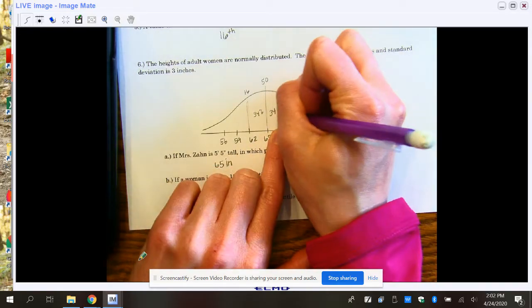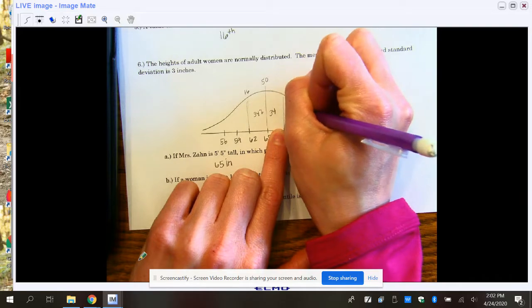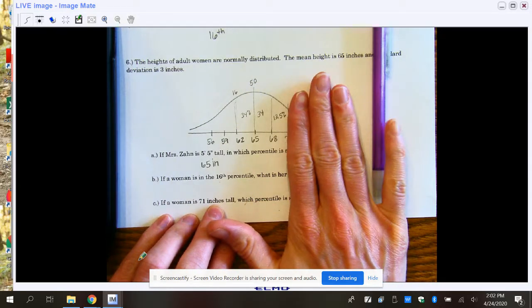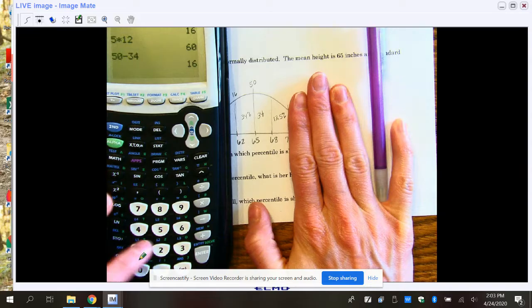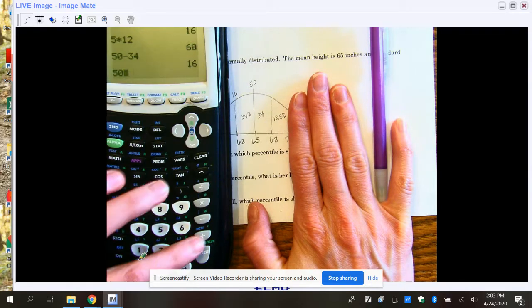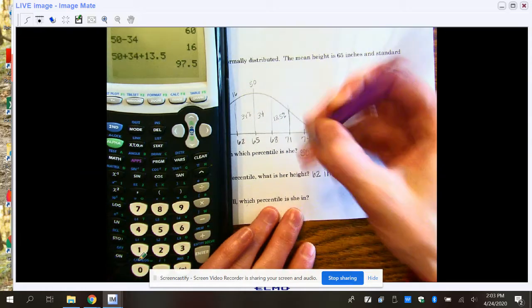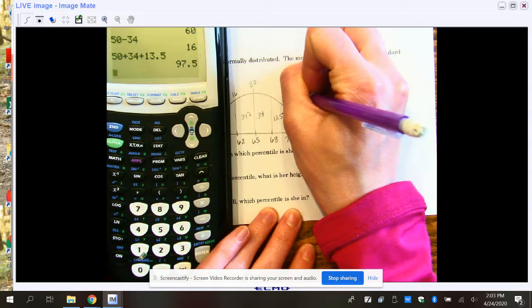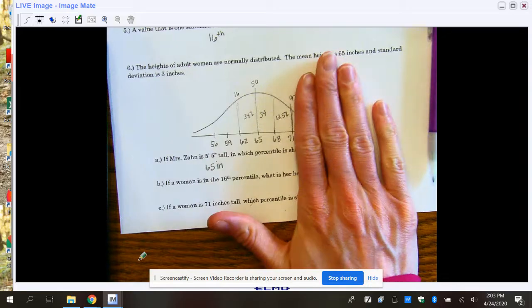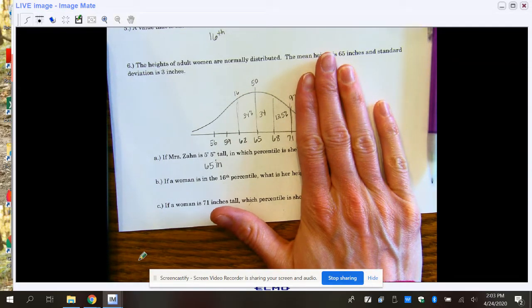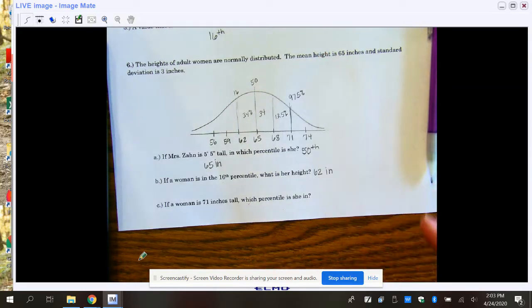I know this is 34, and this is 13 and a half. So if I do 50 plus 34 plus 13 and a half, I get 97.5%. So someone who is 71 inches tall is taller than 97.5% of everyone represented in this curve.